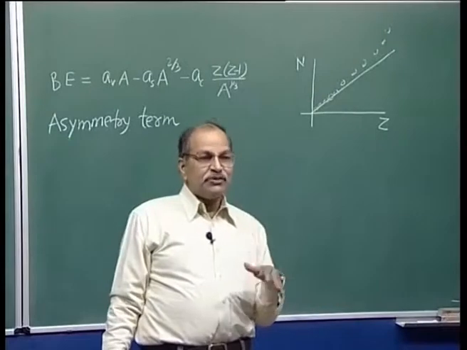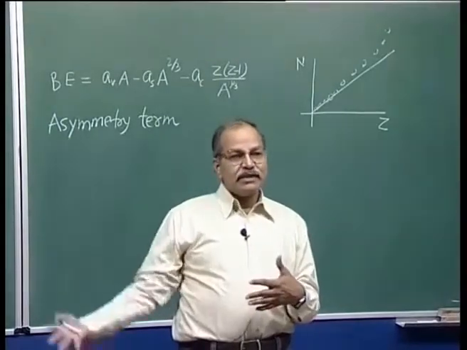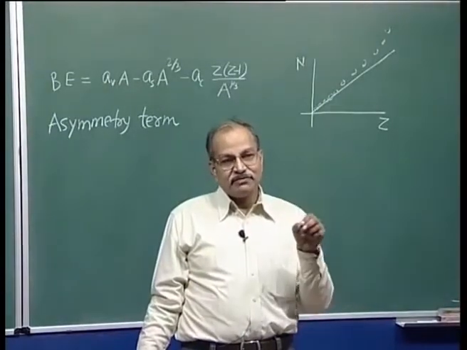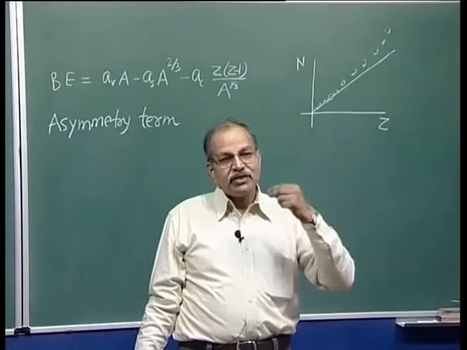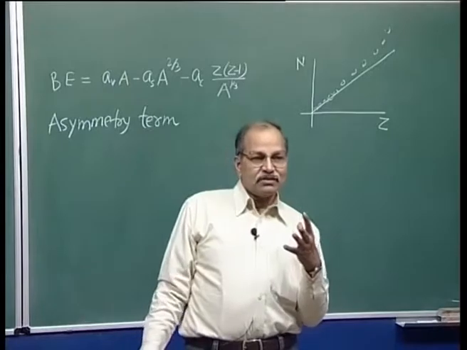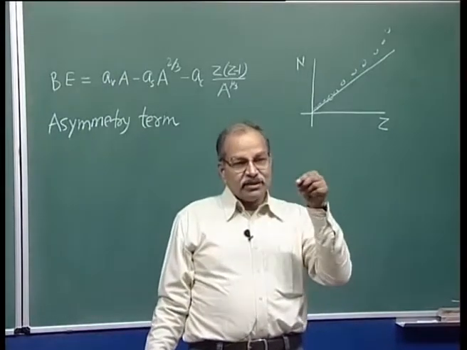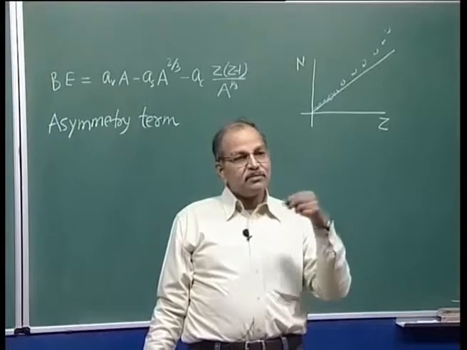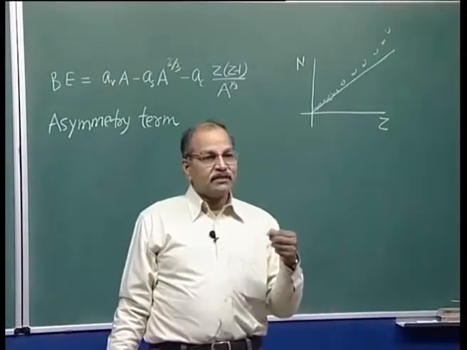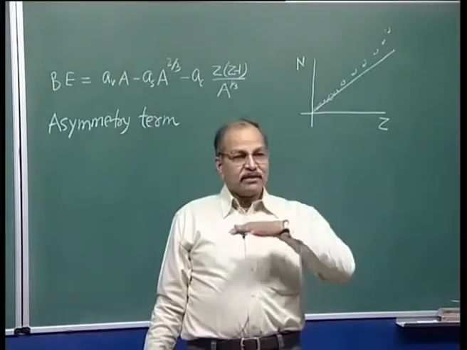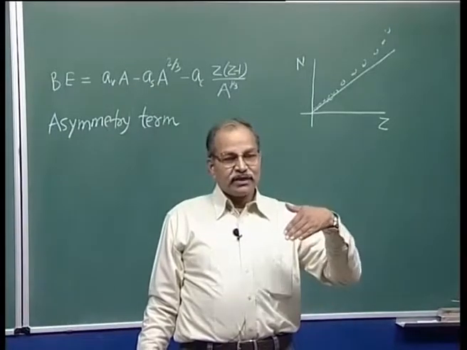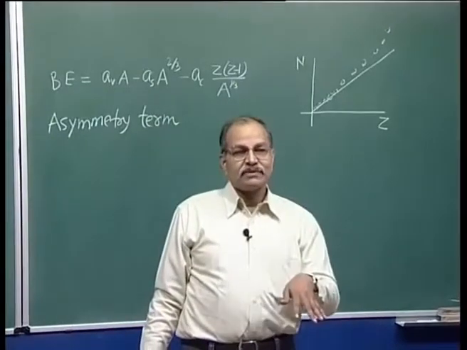So, that description which we will be doing in more detail later is that each nucleon finds itself in some kind of an average potential. So, if you have a nucleus containing capital A nucleons, then each nucleon you can think of that it is moving in the potential created by the other capital A minus 1 nucleons, and then you have energy levels, you have quantum states, and this nucleon can occupy one of those quantum states.